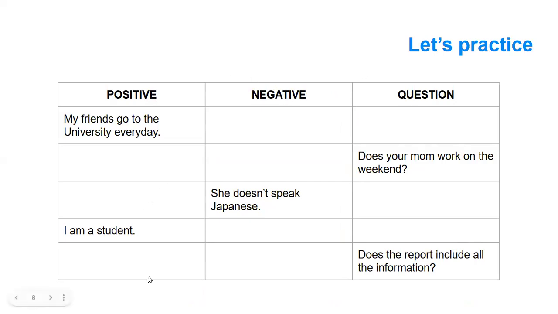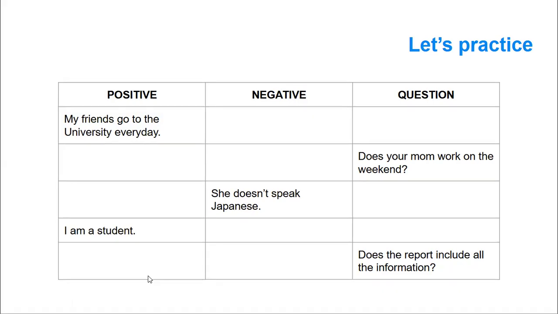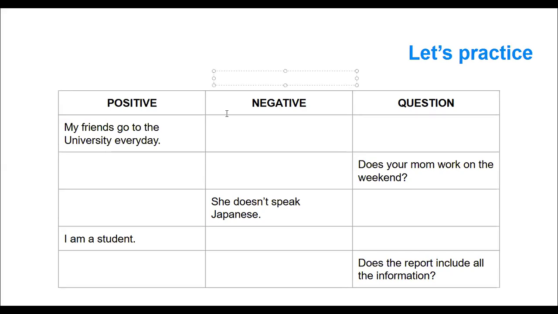Les voy a poner aquí ahorita un ejemplo más. Imaginen que acá tienen something like, I don't wake up early, right? Si esto dijera aquí en negative, ¿qué vamos a hacer nosotros? We're going to write the positive version. ¿Cuál sería la positive version de esta frase?